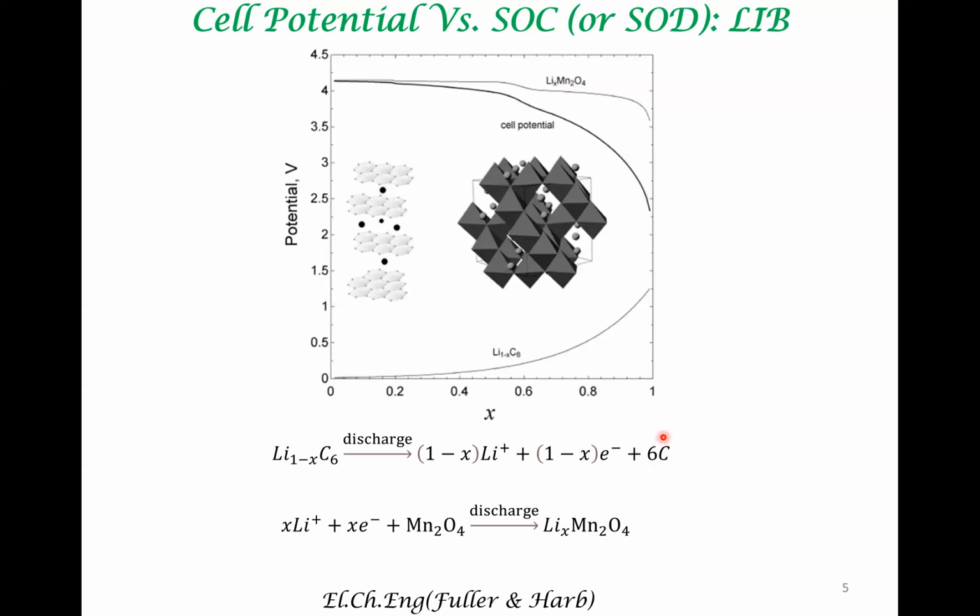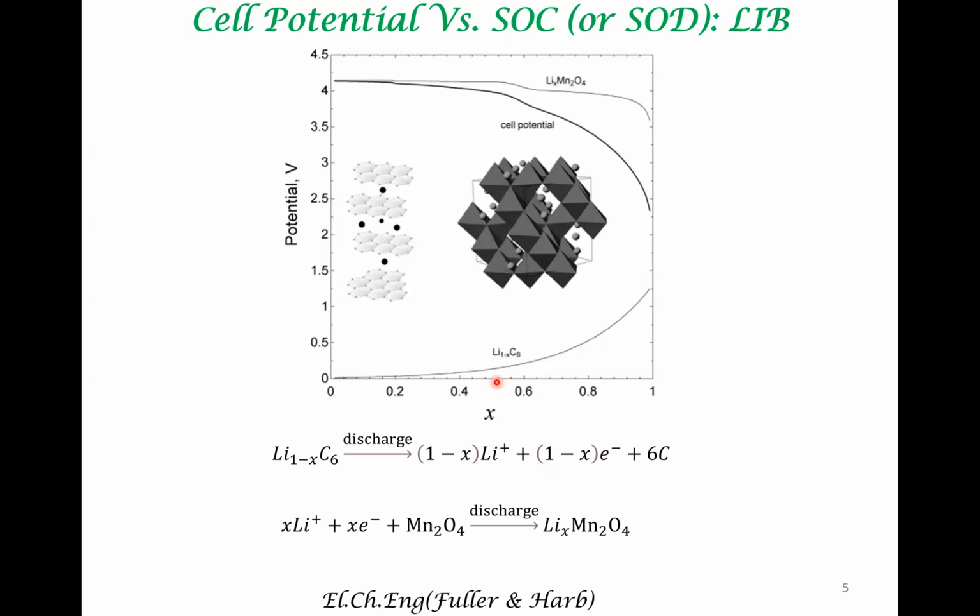Okay, and this is indicative of graphite. And the lithium which gets into the electrolyte combines with manganese oxide and forms this particular compound, right? So the overall cell energetic, the cell potential, depends upon the delta G of these two half cell reactions.